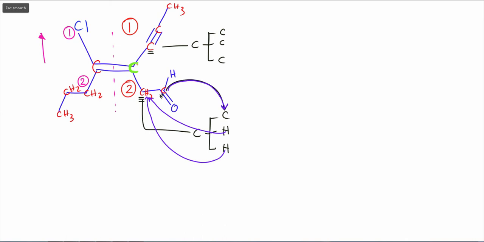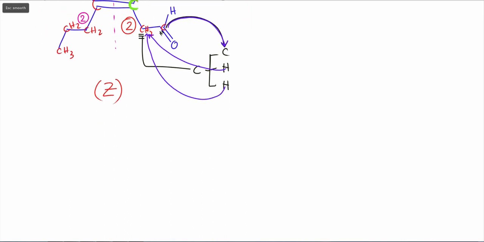So priority 1 is projected in that direction, and since this is in that direction and that is in that direction, this would be the Z conformation. Okay? All right, how about another one?